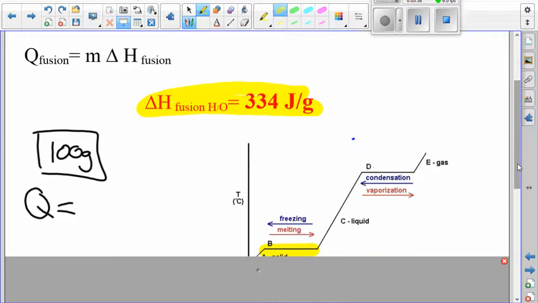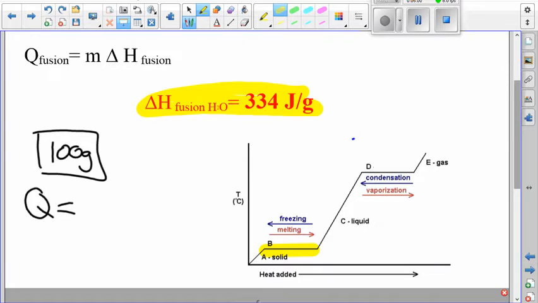For example, let's say Jameson wanted to melt 100 grams of ice at exactly 0 degrees Celsius, so it was just ready to start melting. He wants to go from here to here on the bridge. It's a very simple calculation. Q equals M delta H. His M is 100 grams. His delta H is simply that price, 334.